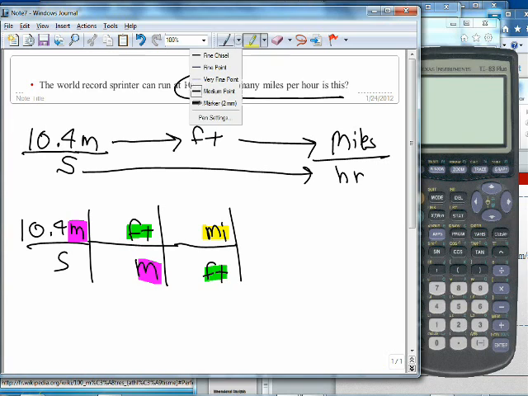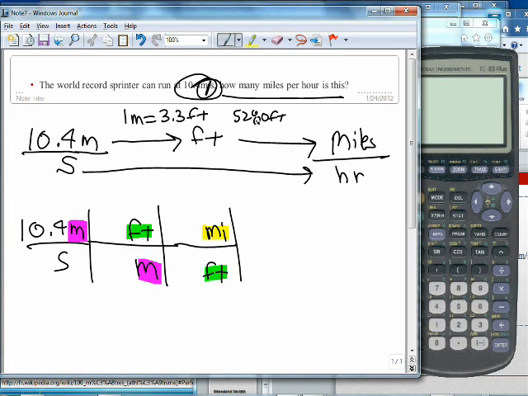So what are the conversion factors there? I know that going from meters to feet, there's 1 meter for every 3.3 feet. And there are 5,280 feet per 1 mile.